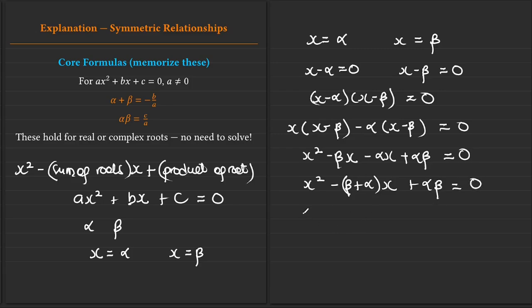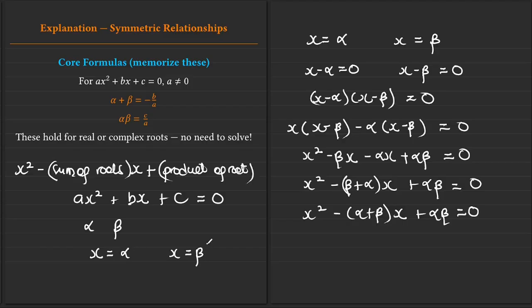We can rewrite this as x squared minus into bracket alpha plus beta x, and then plus alpha beta is equal to 0. Now, what have we actually achieved? Remember, we said the roots of the equation are x equals what?